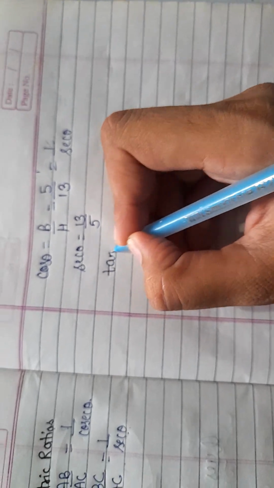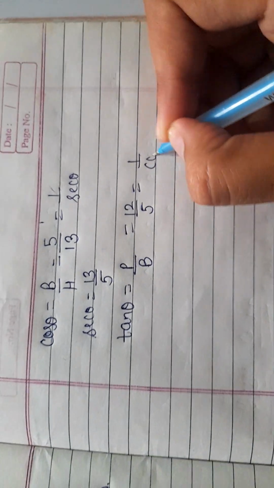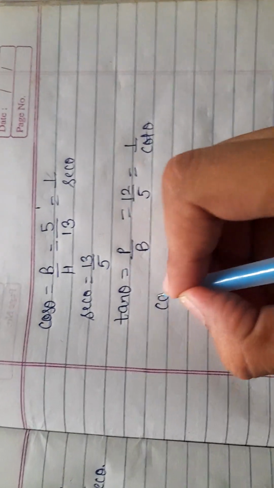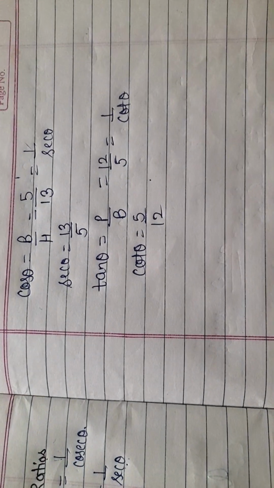Tan theta is perpendicular upon base, here perpendicular is 12 and base is 5, and cot theta is the reciprocal of it, so cot theta equals 5 by 12. We found all the trigonometry ratios.